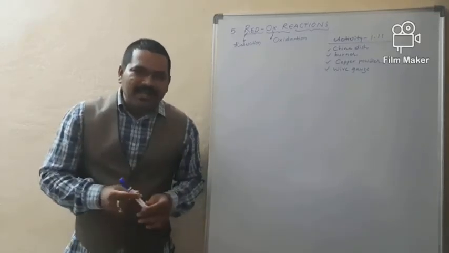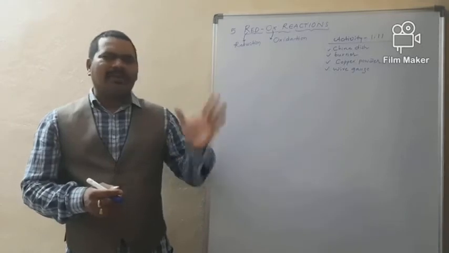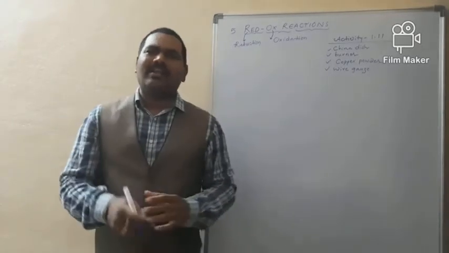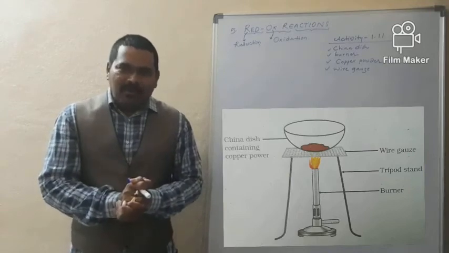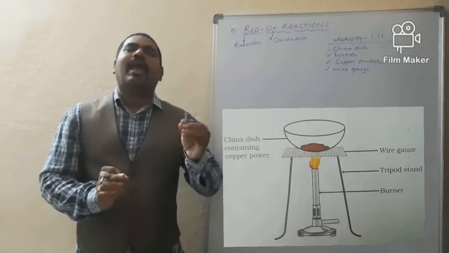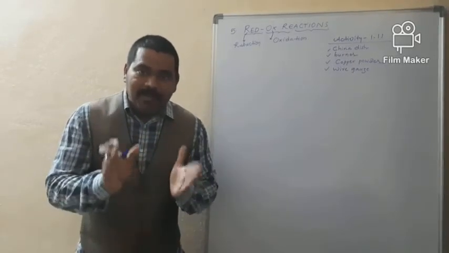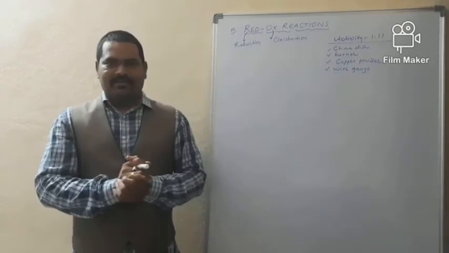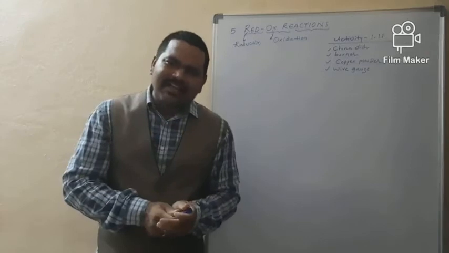What do you observe? Yes, shiny brown copper powder. What is the color of copper, my dear students? Shiny brown. Copper powder slowly changes into black color due to the formation of copper(II) oxide. Why is copper(II) oxide formed in this reaction?